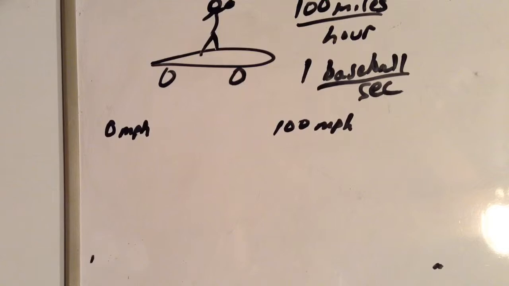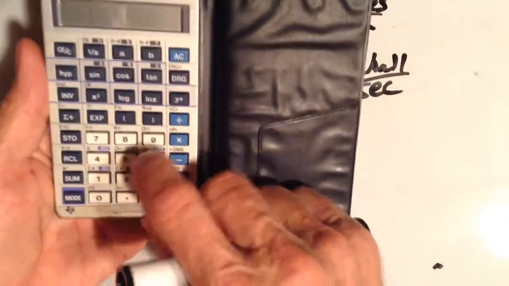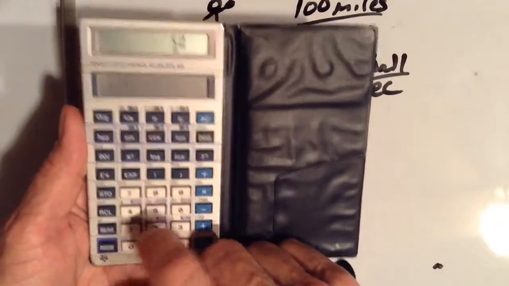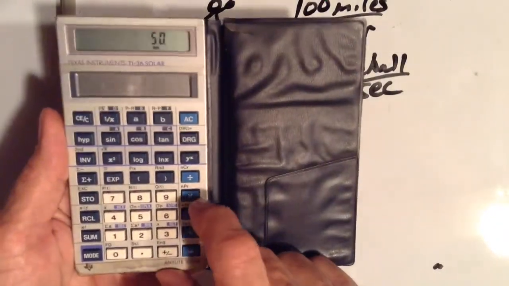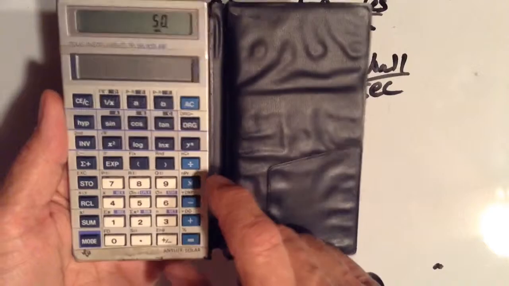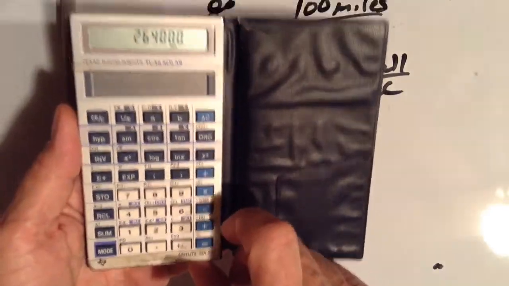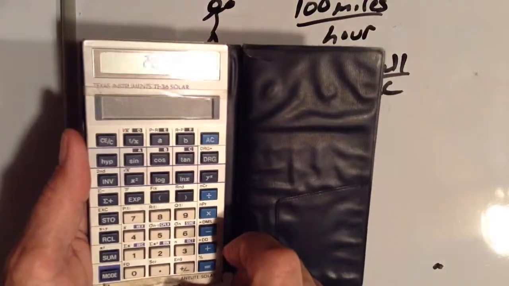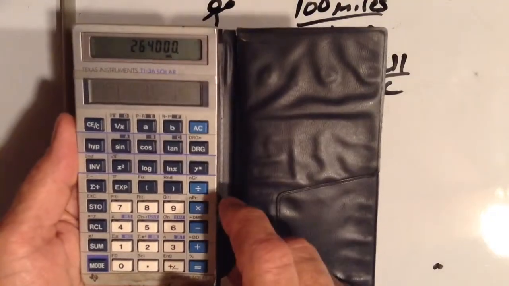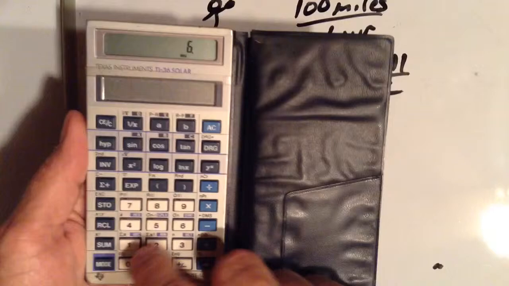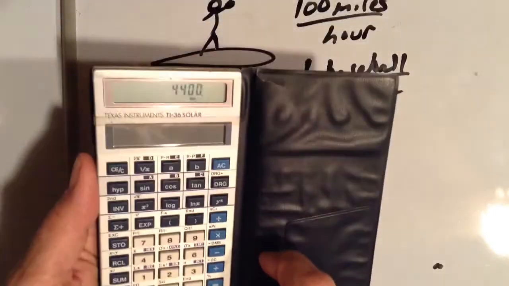So let's figure out how many feet per second 50 miles per hour is. 50 miles. Well, there are 5,280 feet in a mile, so 5 times 5,280 equals that many feet per hour. There are 60 minutes in an hour, so divided by 60 equals that many feet per minute.